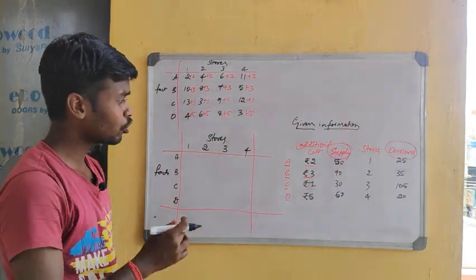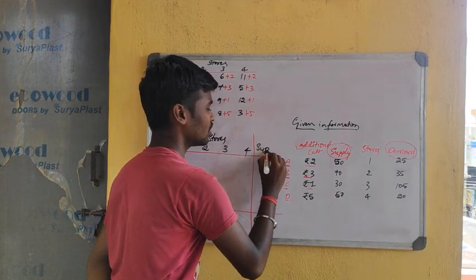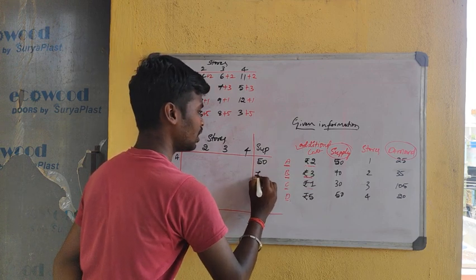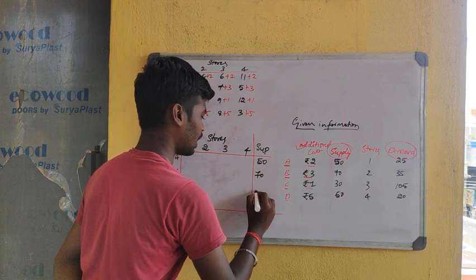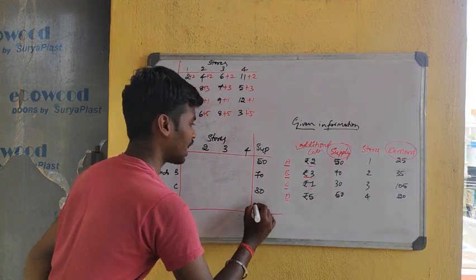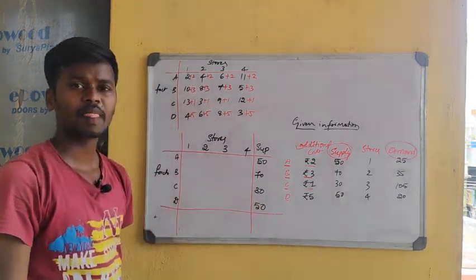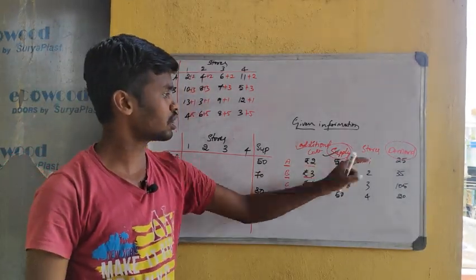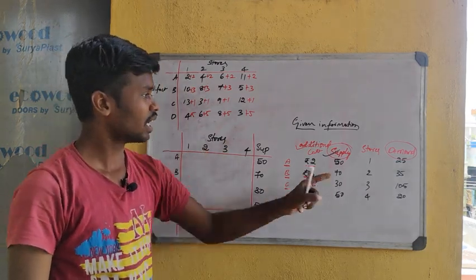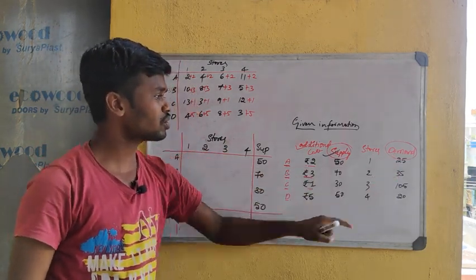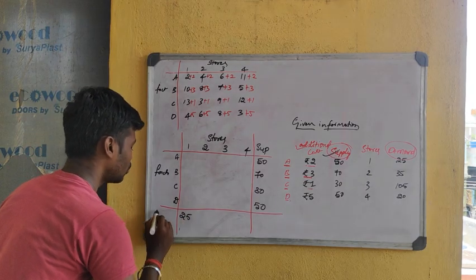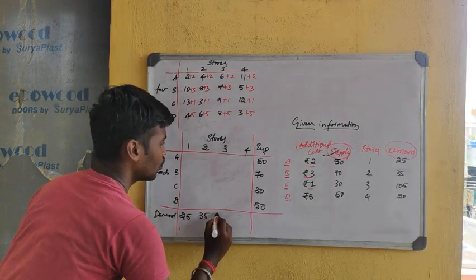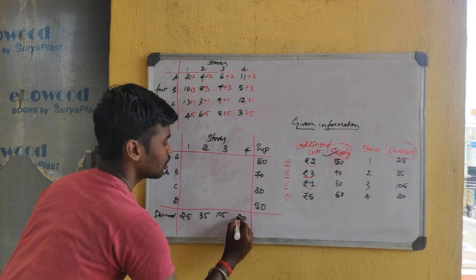Here: the supply from factory A is 50, factory B 70, factory C 30, and factory D 50. Next, the stores information. There are 4 stores, and the demand made by the 4 stores is 25, 35, 105 and 20. So we put the demand here.